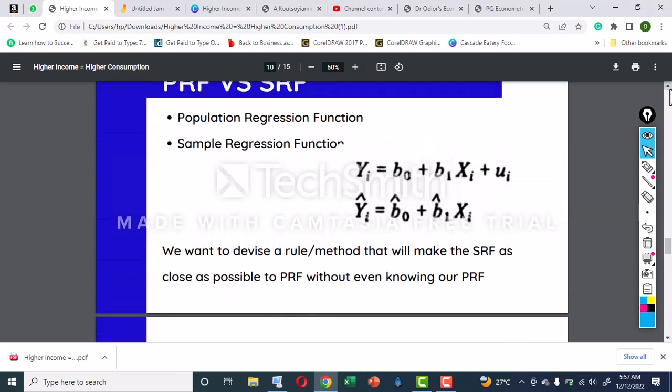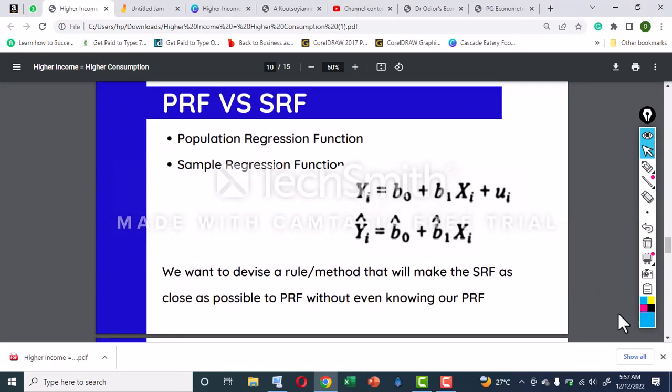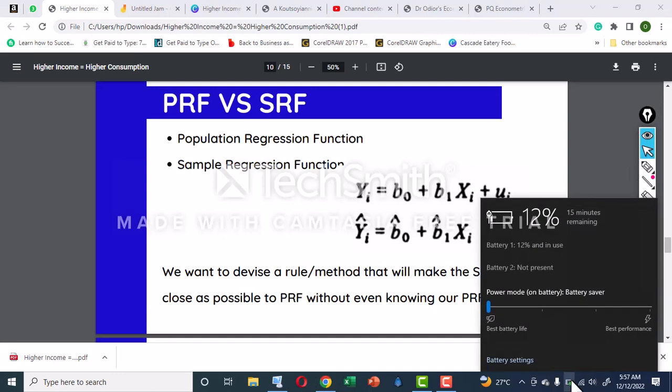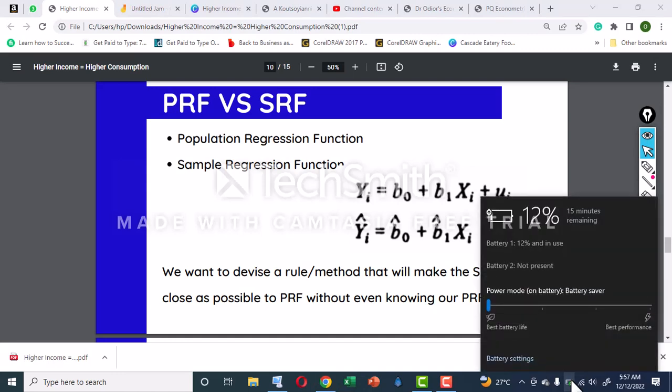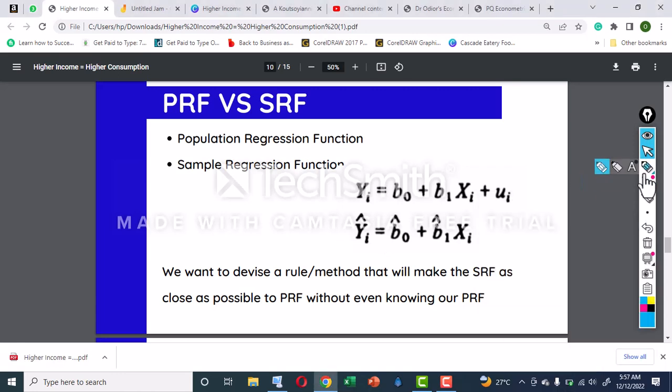Now let's look at the PRF and SRF, the population regression function and the sample regression function. As I've explained earlier in the past videos and earlier in this video, it is impossible for us to estimate the population and make decisions with it, because we are looking at men in Nigeria, for example, millions of people.